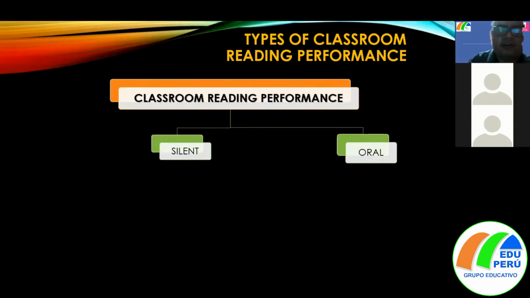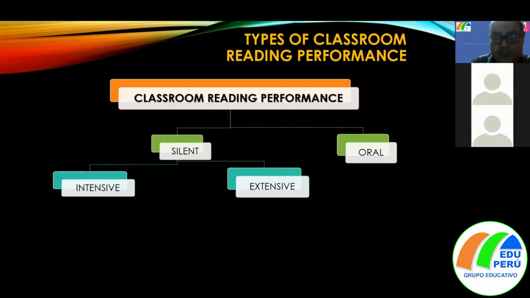When we talked about the reading performance in a classroom, we have two ways, two types. Silent and oral. When we talked about the silent, this is divided in two: intensive and extensive reading.